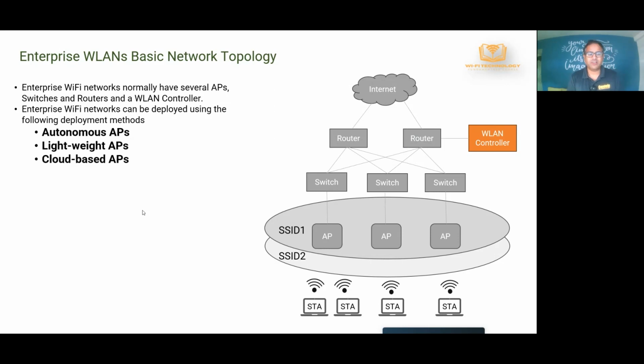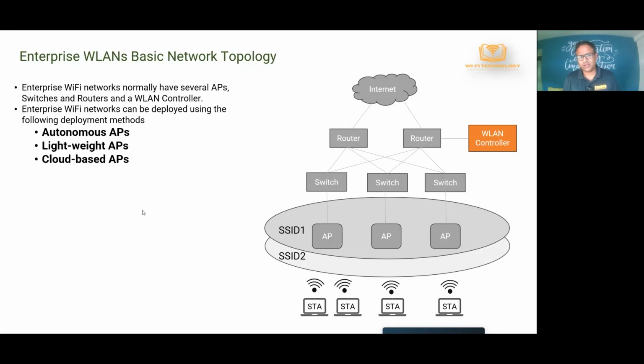Here, the AP is doing all the functions, and there is no concept of a controller here. And then we have the idea of lightweight access points, which are managed by a controller, and then we have cloud-based access points. So these are the three most common types of access points you would see in an enterprise network, and we're going to talk more about those in the next few slides.